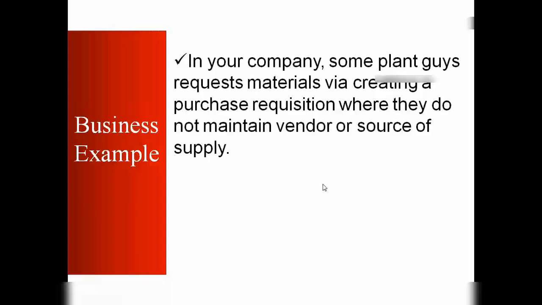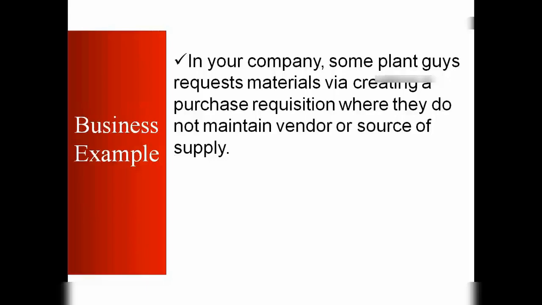So we'll start with a business example first. In your company, some plant people request material while creating a purchase requisition where they do not maintain a vendor or source of supply. What that means is maybe in your company you're working as a purchase officer or MM consultant, and a lot of plant people, or maybe the sales people, or other department people, whoever needs to procure something, create a purchase requisition.